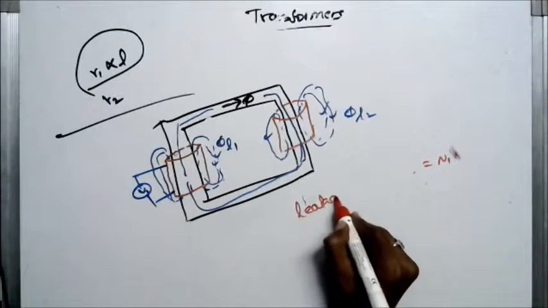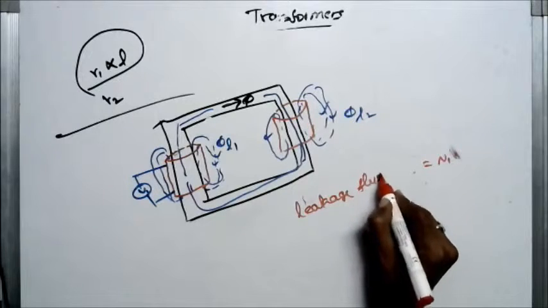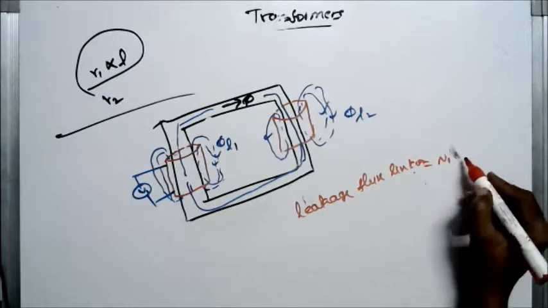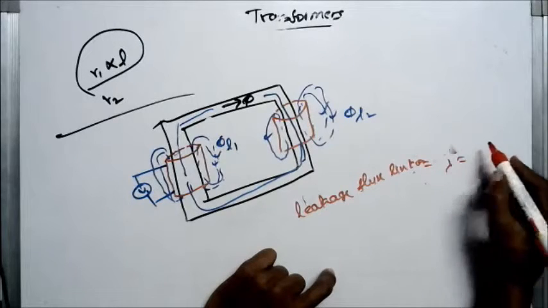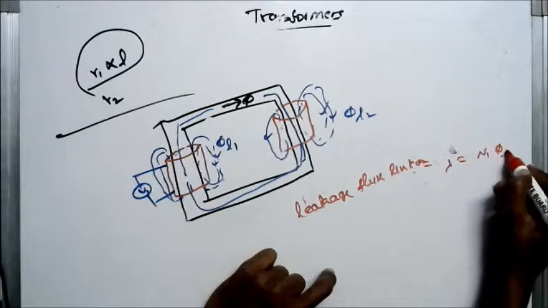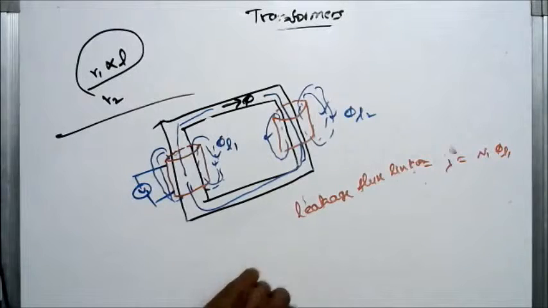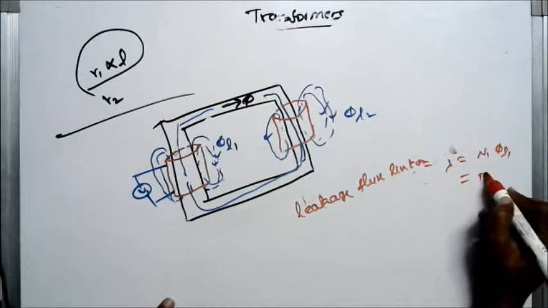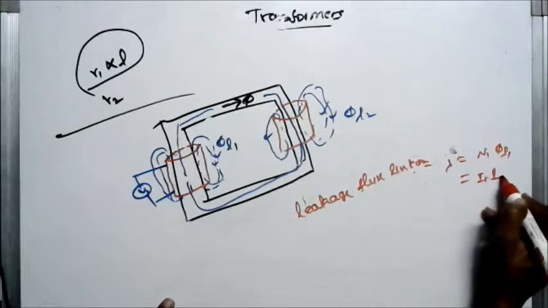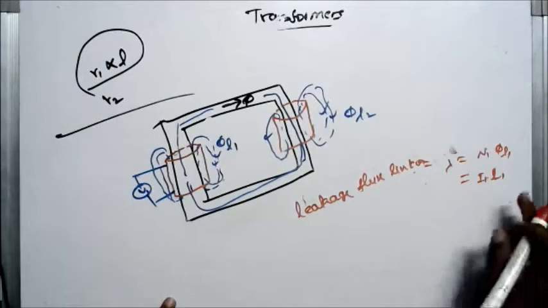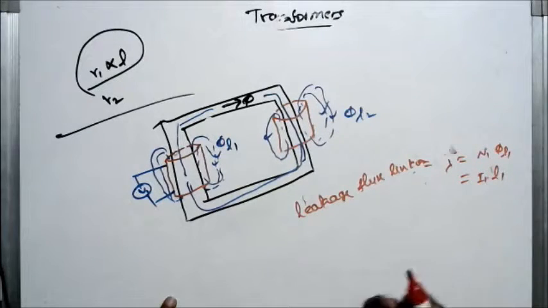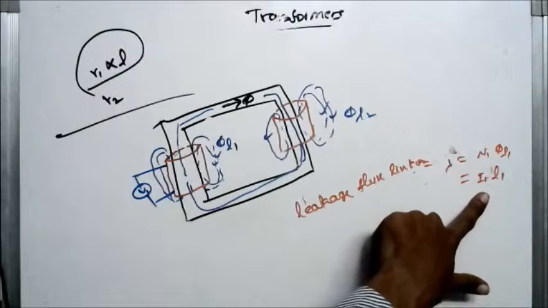Leakage flux linkages is equal to lambda is equal to N1 into phi L1. This is equal to I1 into L1. I will put inductance for the small l. Okay, L1. Is it correct?